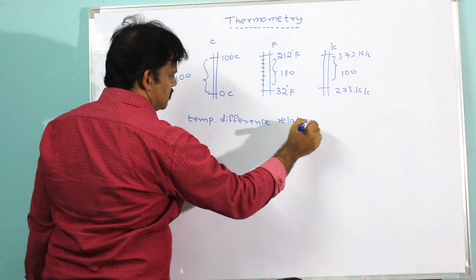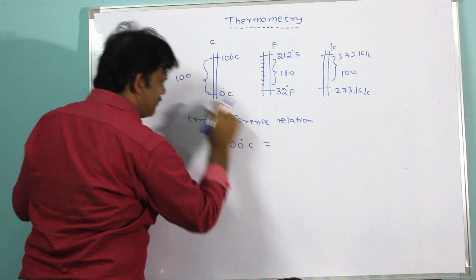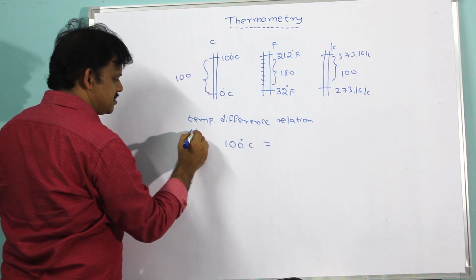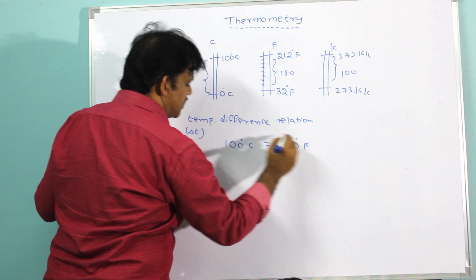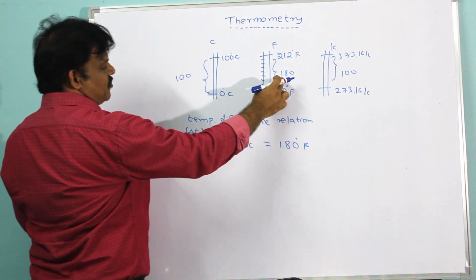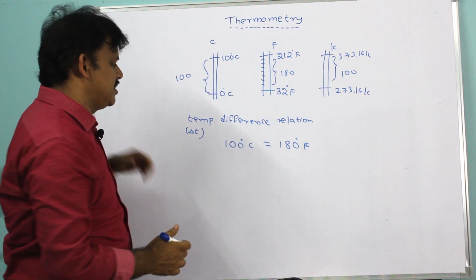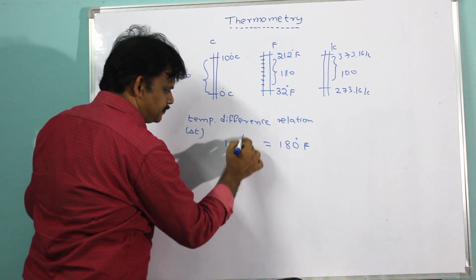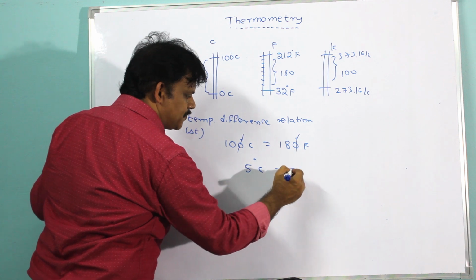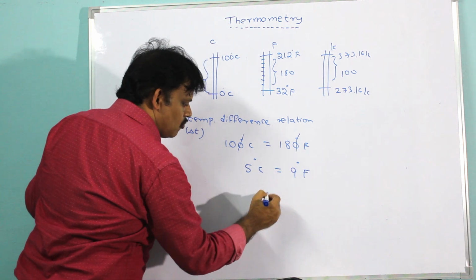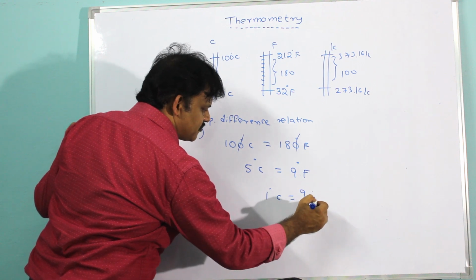Okay, what I can say is a 100 degrees Celsius temperature difference, delta T, is equal to 180 degrees in Fahrenheit, because here the gap is 100, here the gap is 180. So temperature difference 100 degrees Celsius must be equal to 180 degrees Fahrenheit. Zeros cancel. I can write 5 degrees Celsius is equal to 9 degrees Fahrenheit. 1 degree Celsius temperature difference is equal to 9 by 5 degrees Fahrenheit.